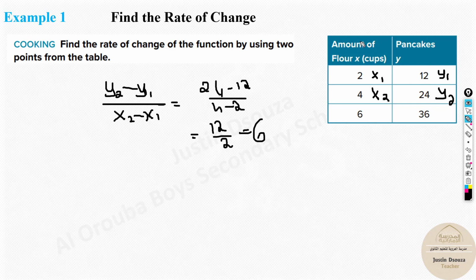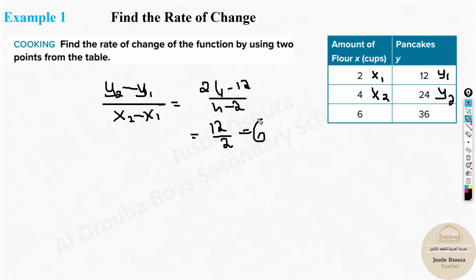So what it means, let's see over here: the amount of flour is x cups. As you put 2 cups, you can get 12 pancakes, whereas if you take 4 cups, you're getting 24 pancakes, and so on. Now, what does the 6 value mean over here?